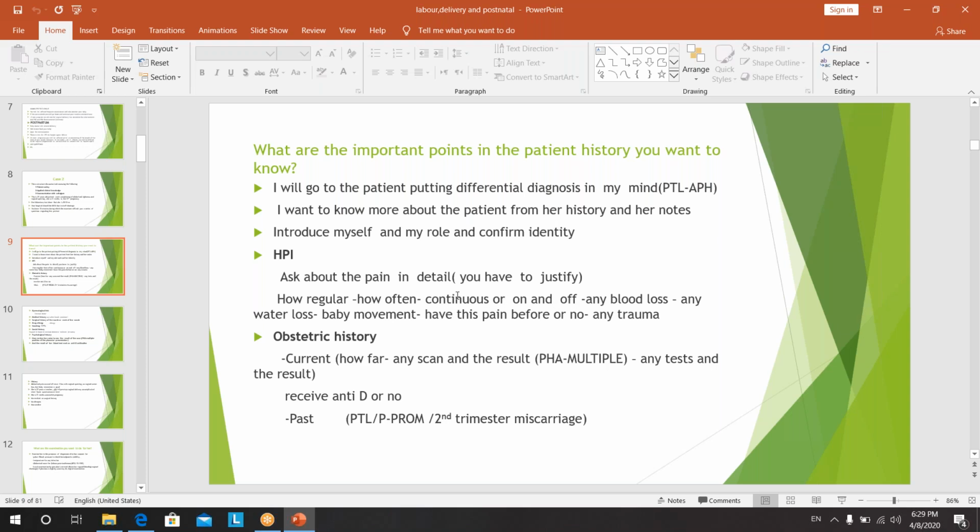If it is continuous pain, she may have antepartum hemorrhage, but if it is on and off pain, this may be labor pain. I will ask about any blood loss, and how much. I will ask about water loss to exclude preterm prelabor rupture of membranes.